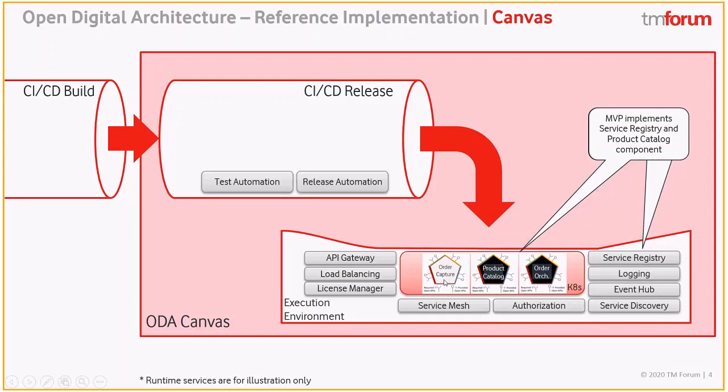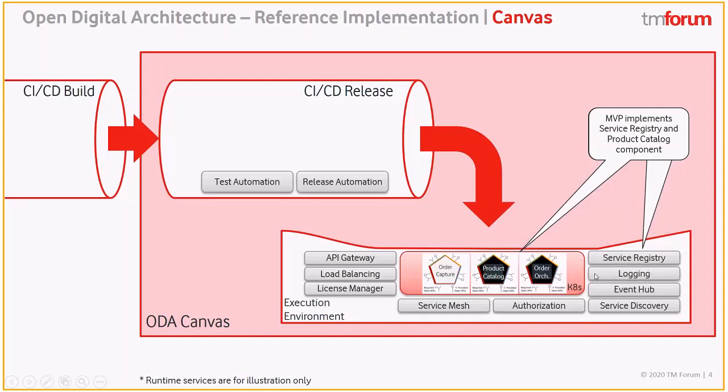So, for example, the ability to expose the APIs from my microservice in an API gateway, or the ability for a service or component to offer itself in a service registry so other components can discover what facilities it has.